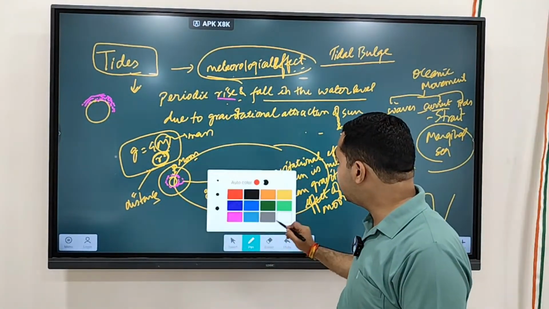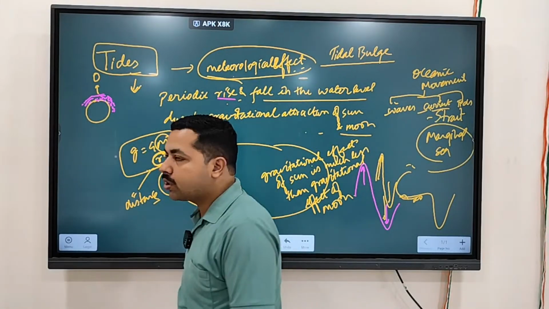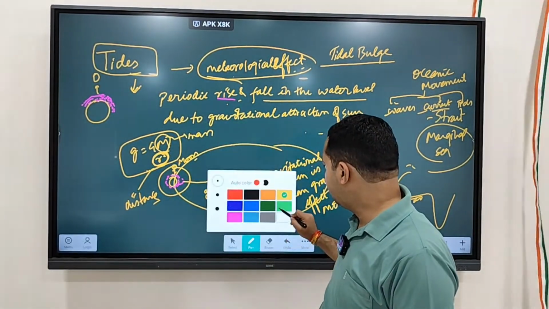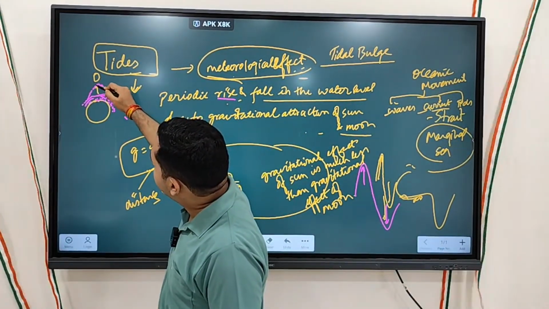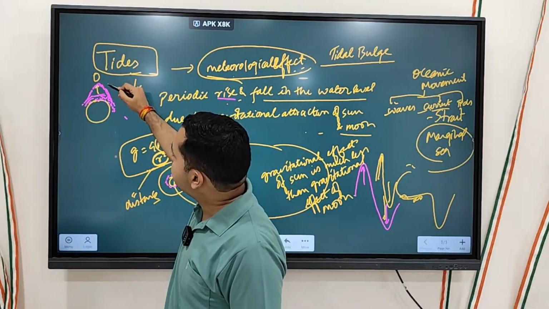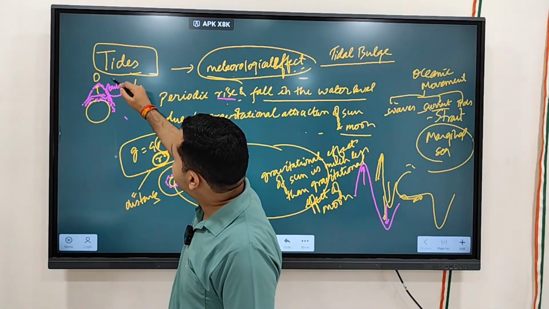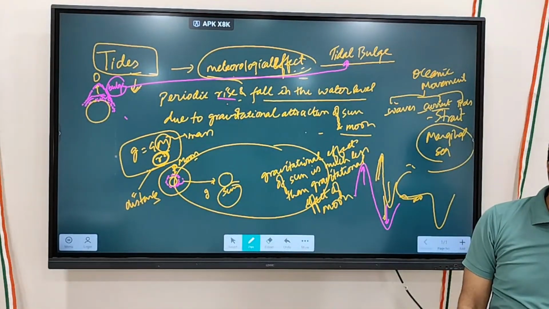Now what is happening is the moon is trying to pull this water. When the moon is trying to pull this water, what will happen? You see the level of water will rise like this. So this rise is called a bulge. This is referred to as a tidal bulge.